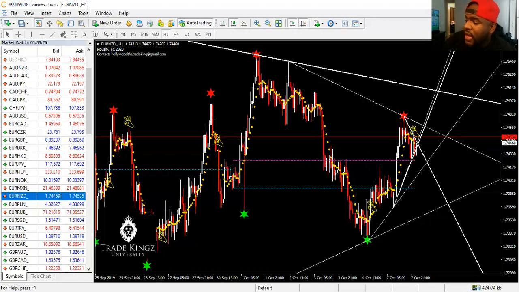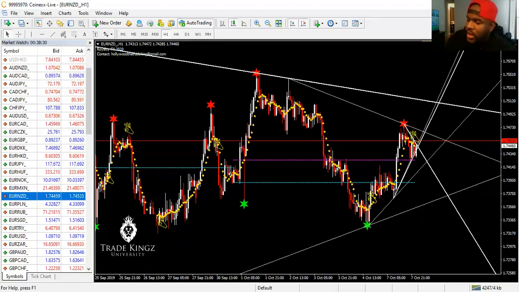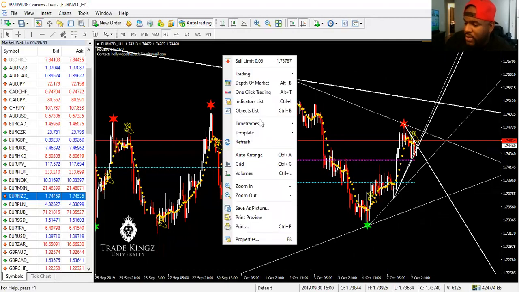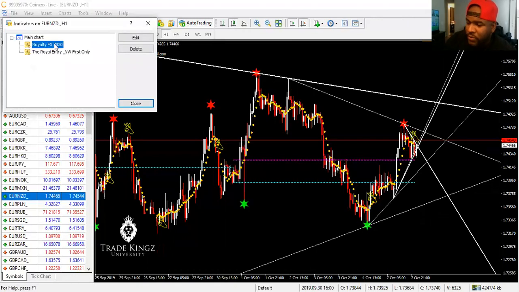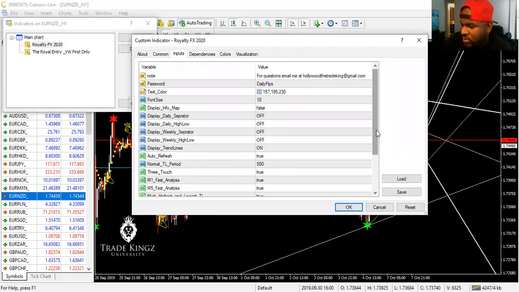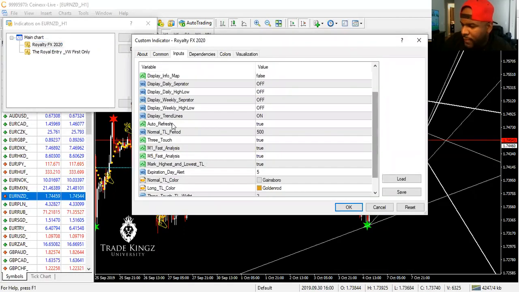Now these trend lines, I have it set to where, okay, and I didn't mention I can actually have it to where these trend lines do not refresh. So I've got it on auto refresh, just kind of like repainting. But if I do not want it to do an auto refresh, I will go down here, scroll down here, and see where it says auto refresh.